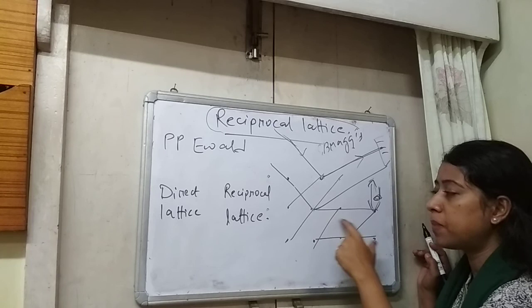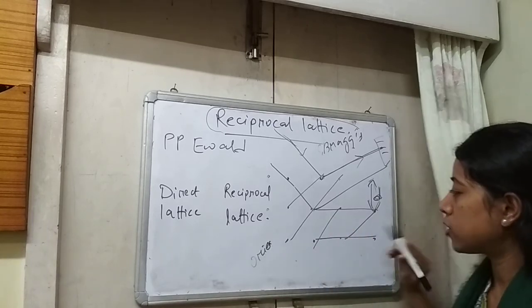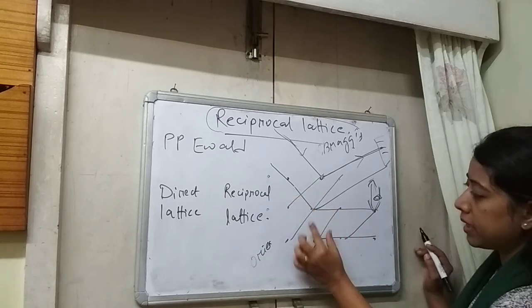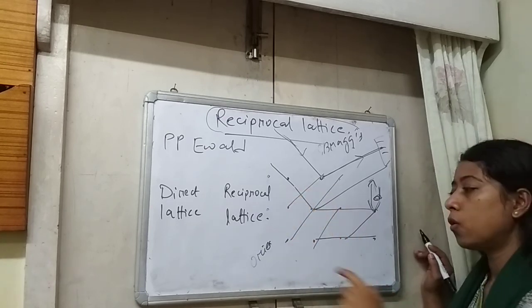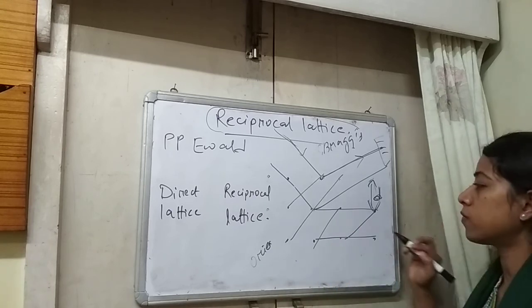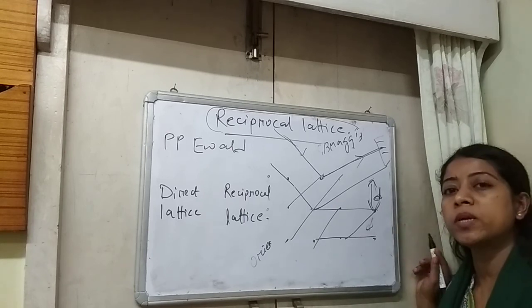All these sets of parallel planes will have different orientations. As a result, the interplanar spacing d will also be different.